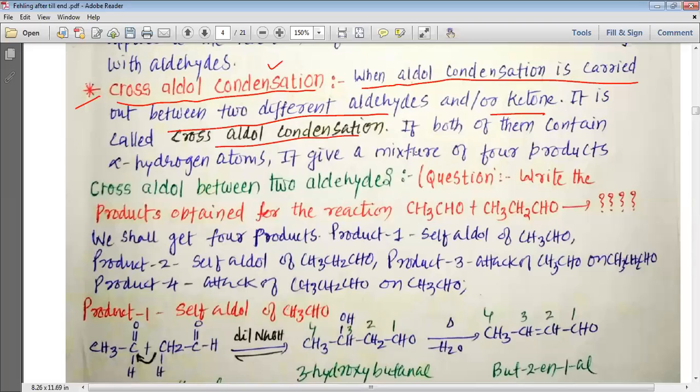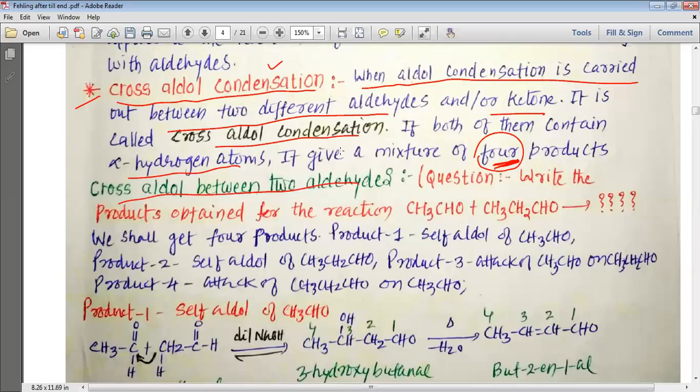If both of them contain alpha hydrogen atoms, it gives a mixture of four products. Please remember that four products are obtained when both of the compounds have alpha hydrogen present on them. Cross aldol between two aldehydes.